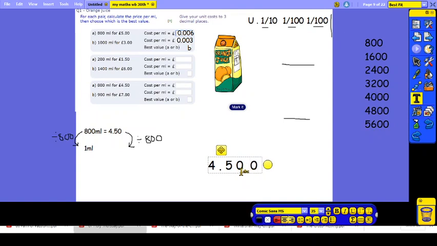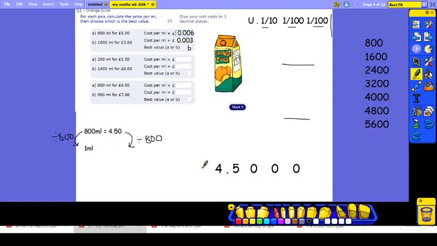And I can already tell it's going to be a small number, so I might as well just put some zeros in for the moment. And really spread these out because I know I'm going to have to be fitting some large numbers in there. And so I'm going to be dividing this by 800. So 800 into 4 I know I can't do, so I'm putting my decimal point in, and then I'm going to be looking into 45. So I've carried that 4 across into my tenths column. So 800 into 45 tenths I can't do, so I'm going to carry that 45 now over into my hundredths column.